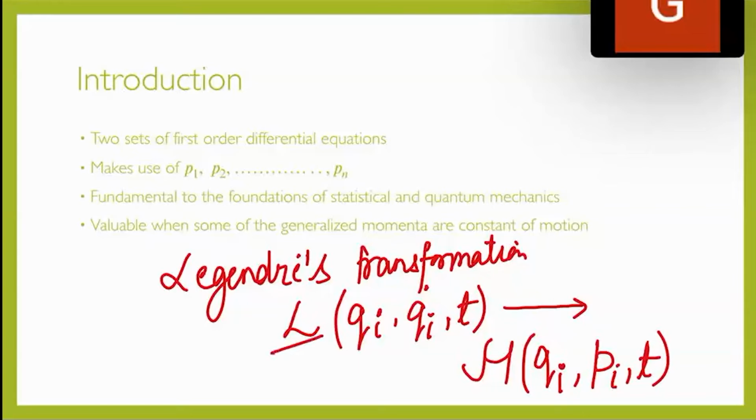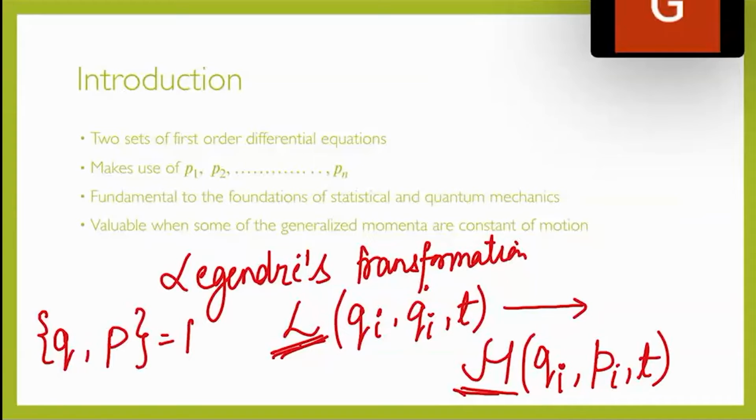For example, I'm transforming L to H, the Hamiltonian function, which contains the conjugate of this variable. Now, what do we mean by conjugate? In other words, conjugate means that if the Poisson bracket of two variables Q, P is 1, then Q and P are conjugate to each other. This is the mathematical form.